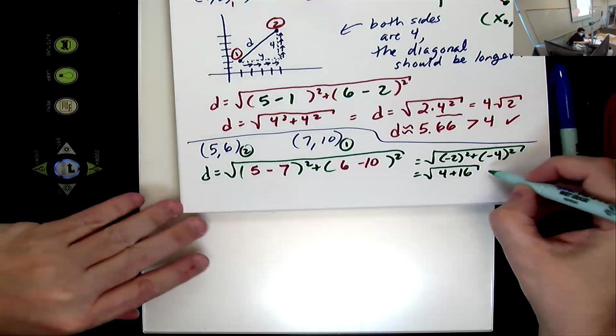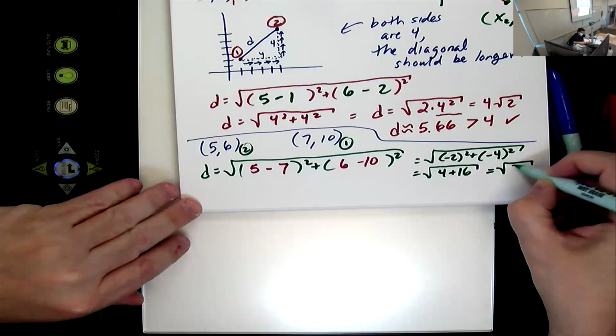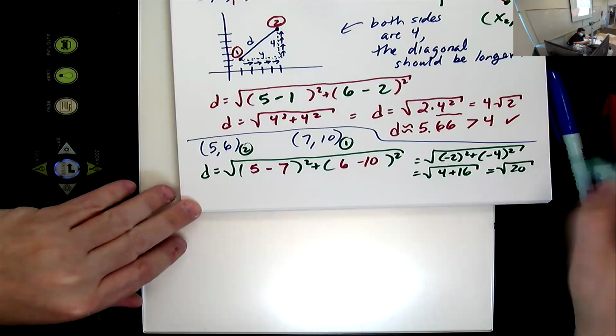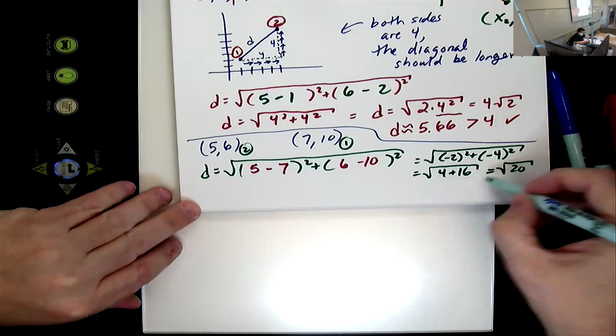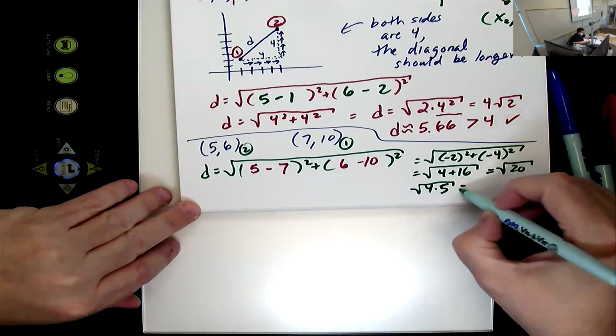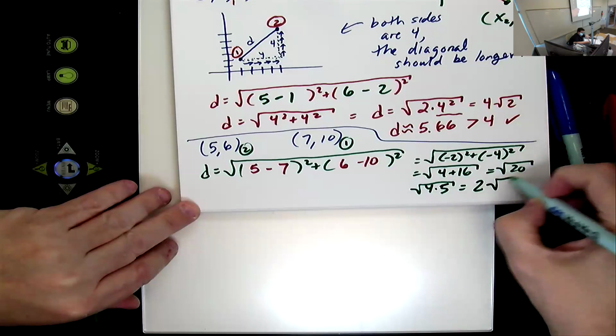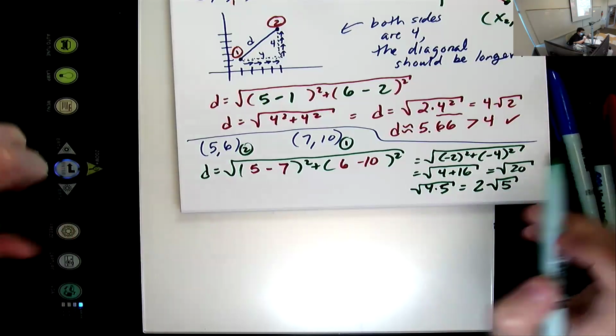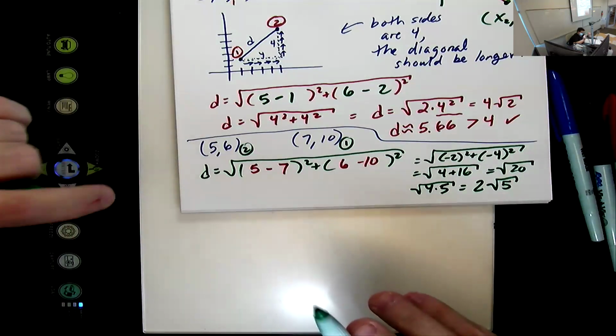So square root of 20. That does simplify. We could turn this into 4 times 5, and so get 2 square root of 5. Yes, that's probably the simpler way.